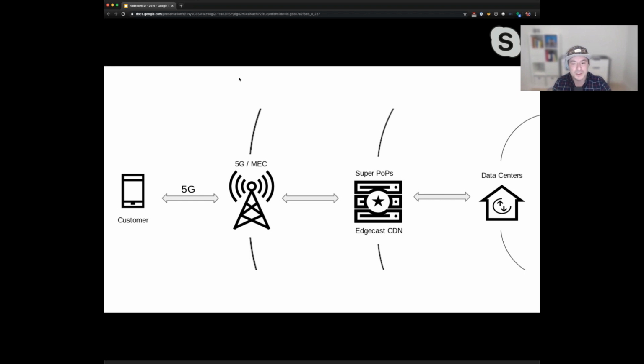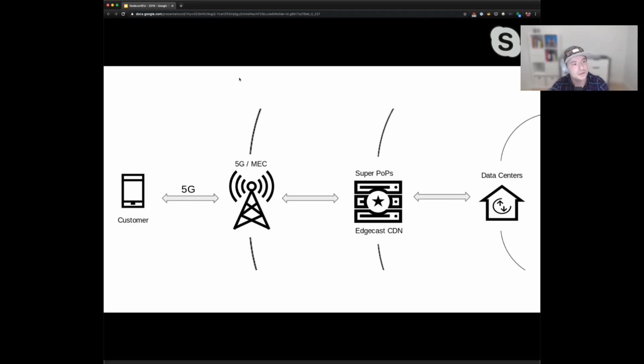That's why 5G is a huge transformation. It's not only faster internet on your phone, but mostly how we can bring the data as close as possible to the customer.